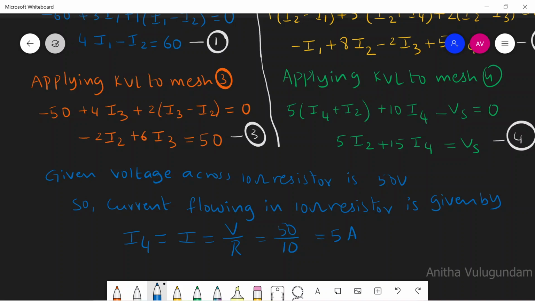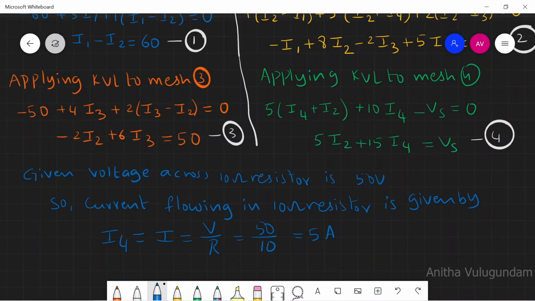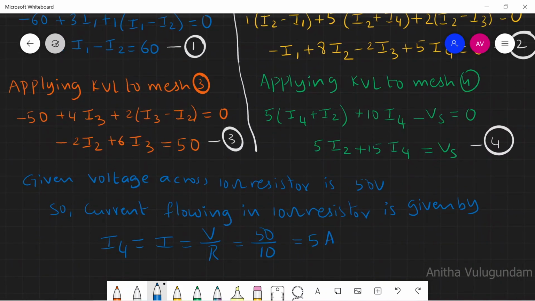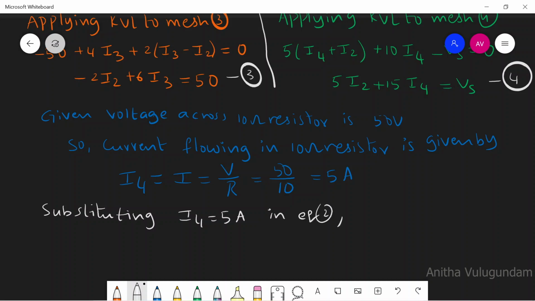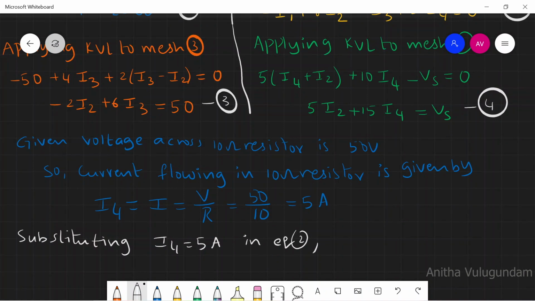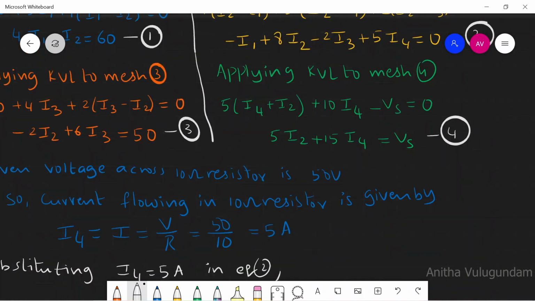I will substitute I4 equal to 5 amp in equation 2 because in equation 2 we have the I4 variable. Substituting I4 equal to 5 amperes in equation 2, you can see equation 2 here.